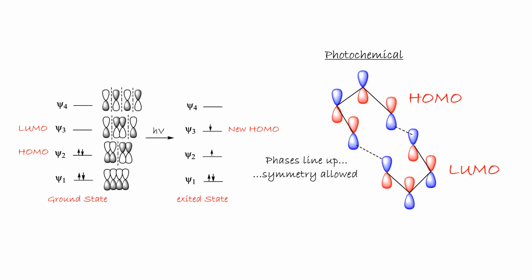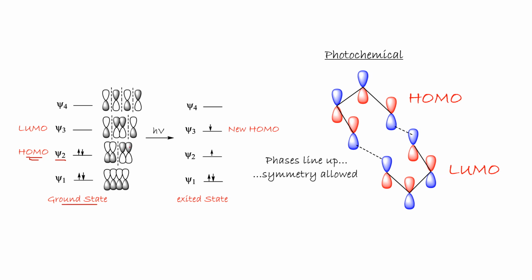Recall once again that 1,3-butadiene in the ground state has 4 molecular orbitals. Psi 2 is the HOMO with 2 electrons. Look at the faces here.